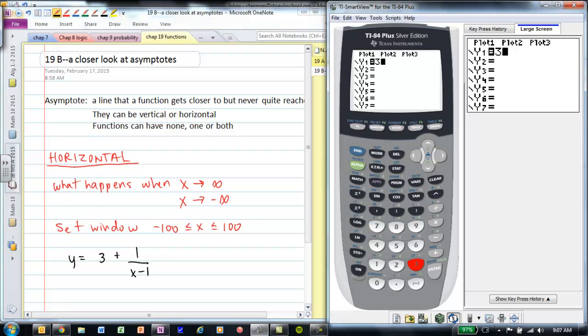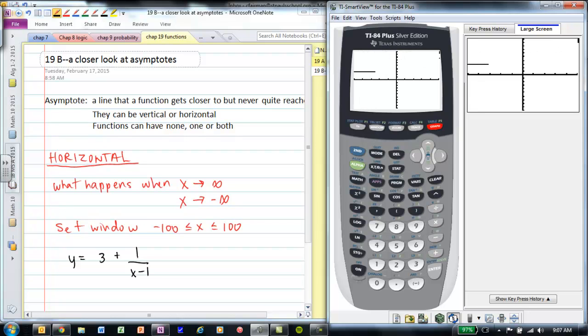So we type in 3 plus 1 divided by, and then in parentheses I need to do x minus 1. You have to have the parentheses here because you have to designate that you are dividing by that whole thing, x minus 1, not just dividing by x and then subtracting 1. Okay, so now we'll graph it and we'll look at our graph.